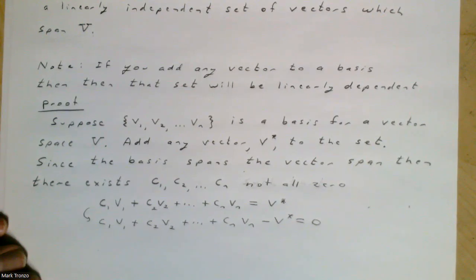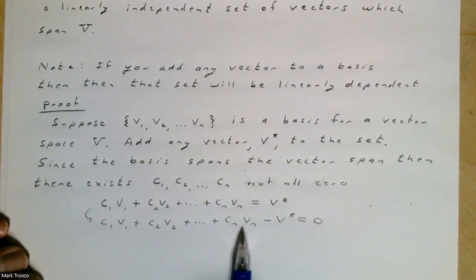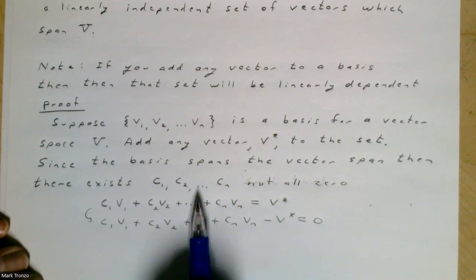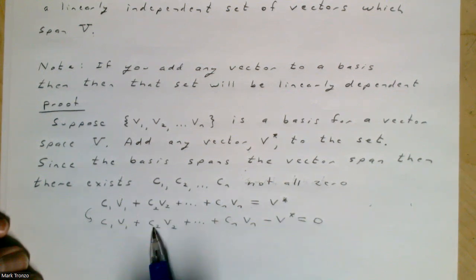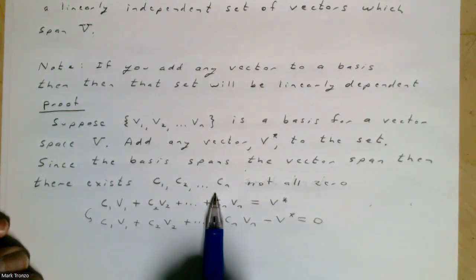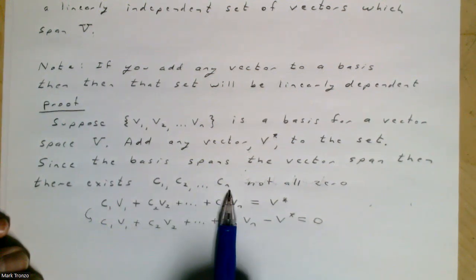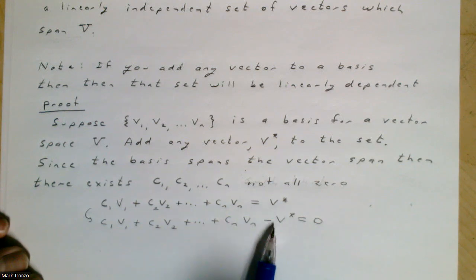And so now, once again, you're going to have these vectors all equal to 0, but the coefficients are not all 0. Some of these C's we said were not 0. And of course, this negative one in front of this V star is not 0.